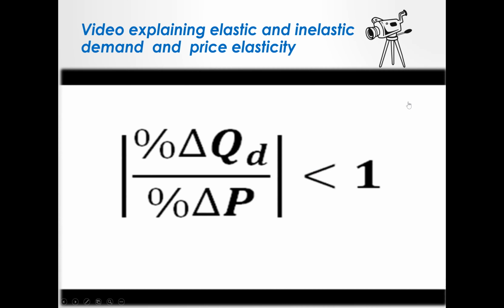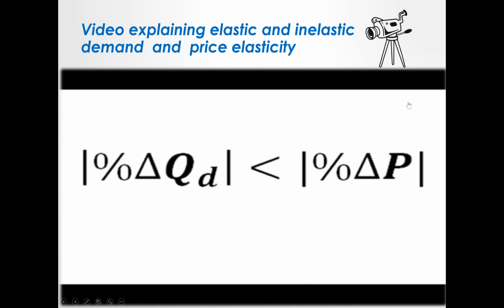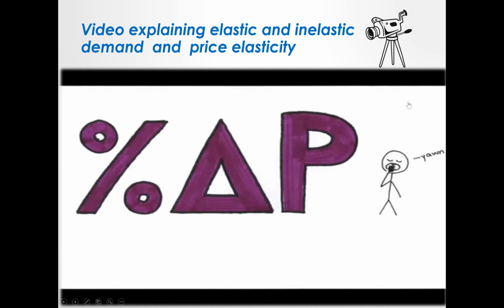It follows then, in order for this ratio to be less than 1, it must be the case that the size of the price change is greater than the size of the quantity change. What this tells me is that it takes a relatively large price change to initiate a relatively small quantity demanded reaction. In other words, if the elasticity of demand is less than 1, people don't react much to price changes. They're insensitive to price changes, or their demand is inelastic.